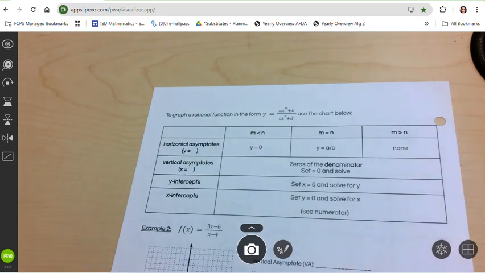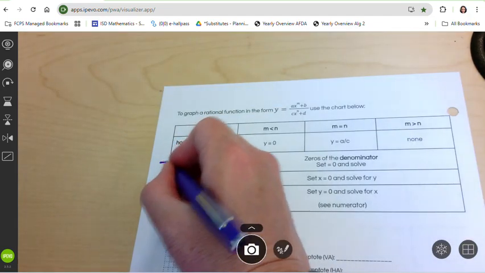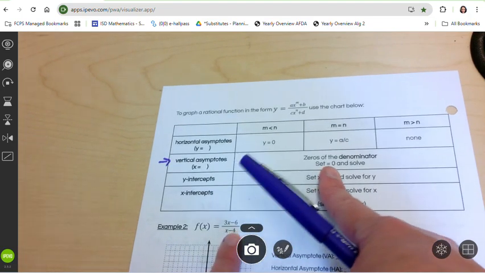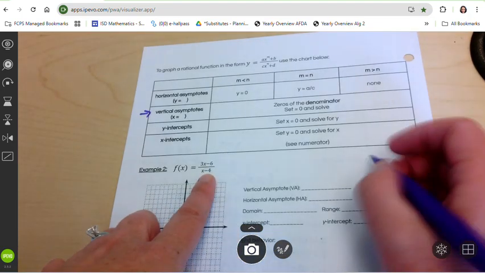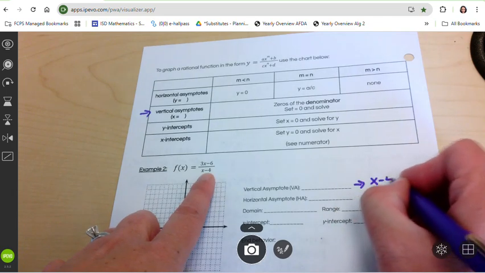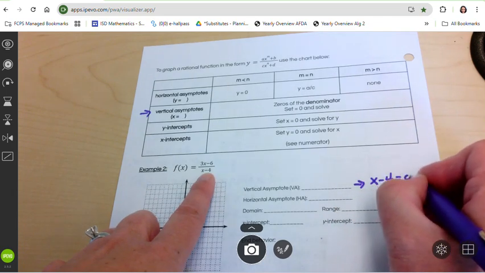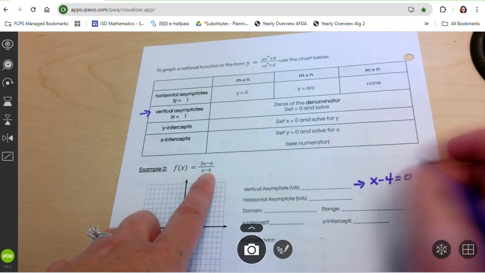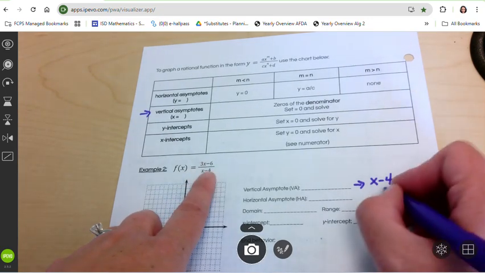All right, the easier one is the vertical asymptotes. The vertical asymptotes are anything that makes your denominator 0. So for this one, for your vertical asymptote, you're going to take your denominator of x minus 4, set it equal to 0, because remember you can't have a denominator of 0, and so that's going to tell you what value is undefined.